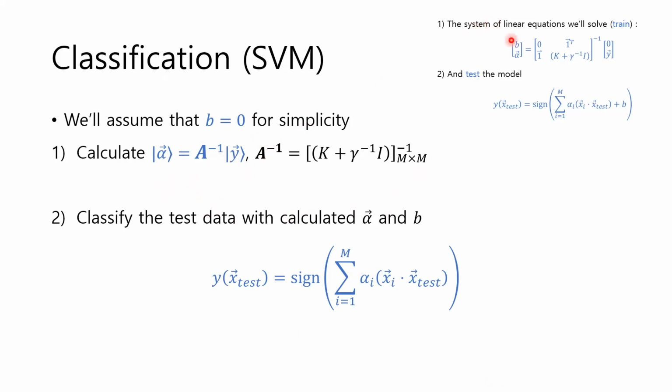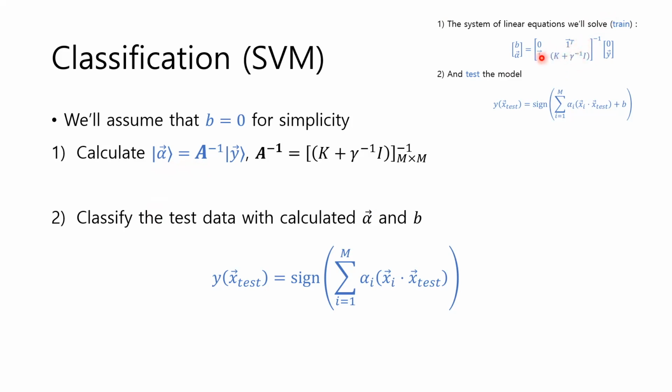You may compare with the original process, which is written on the right top here. The b-alpha vector now only has alpha, and the inverse of matrix A has the dummy row and dummy column, and since b is now 0, it doesn't have to be calculated.